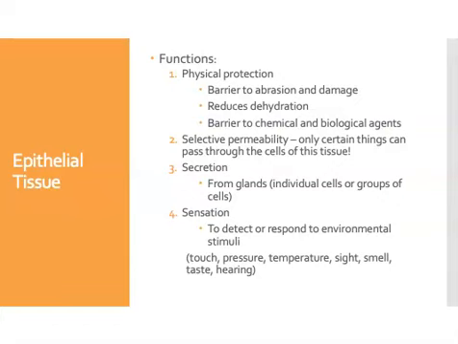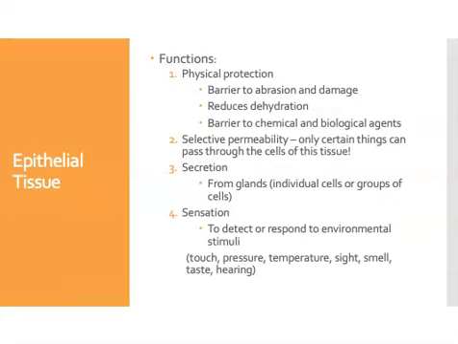Last on the list is sensation. We said earlier that epithelial tissue is highly innervated. There are lots and lots of sensitive nerve endings in epithelial tissue, and that allows it to detect changes that are going on in the environment around it and send that information to the brain.